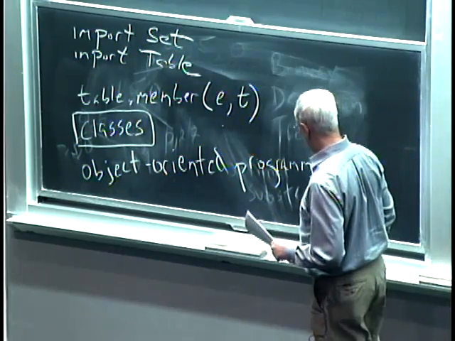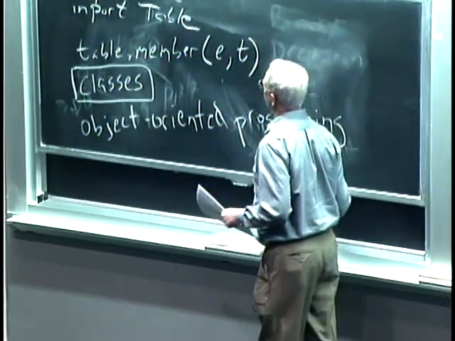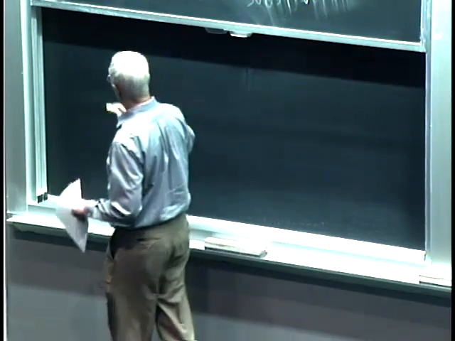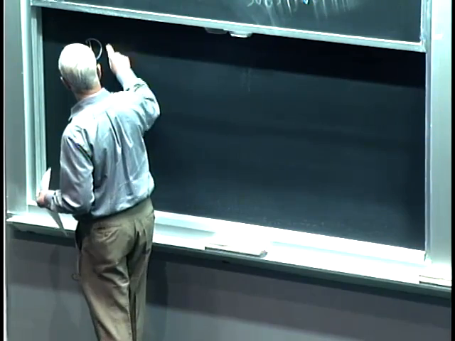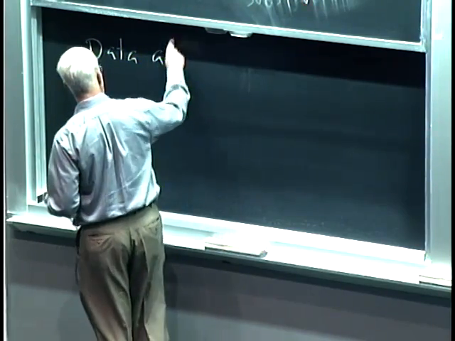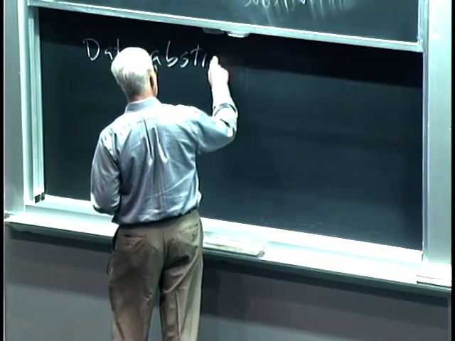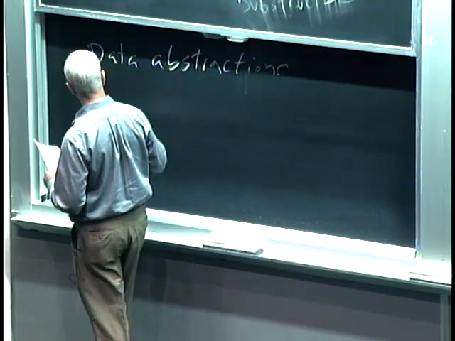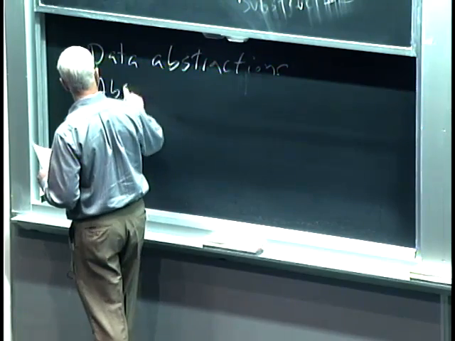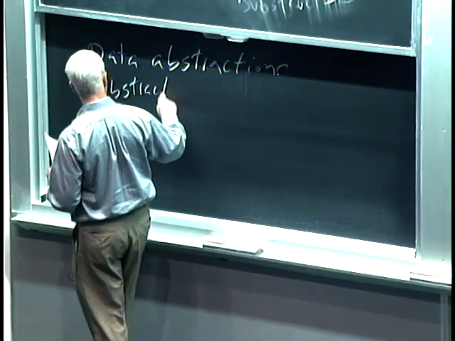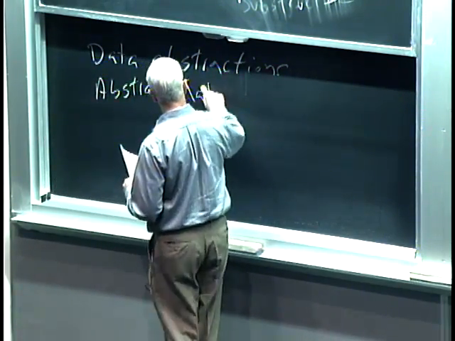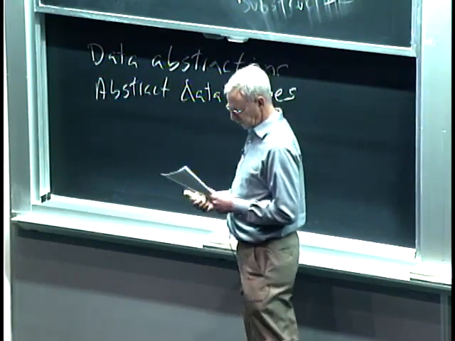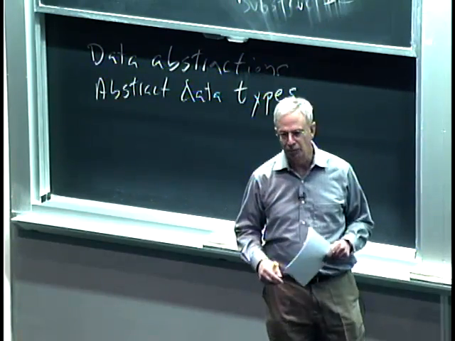And we're going to use object-oriented programming typically to create something called data abstractions. And over the next couple of days, you'll see what we mean by this in detail. A synonym for this is an abstract data type. You'll see both terms used on the web, in the literature, et cetera, and think of them as synonyms.